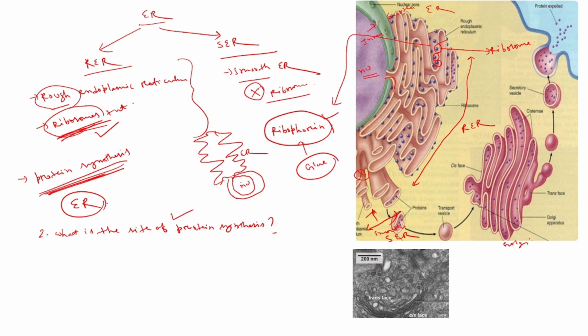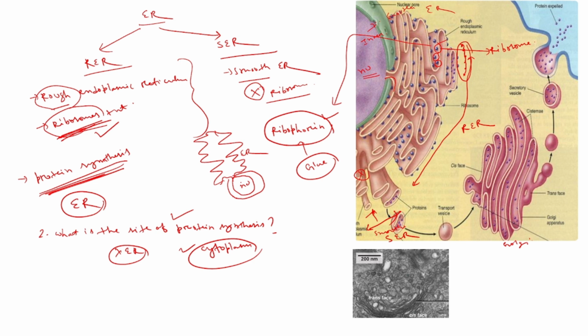The answer will not be the endoplasmic reticulum. The answer will be the cytoplasm. So the rough endoplasmic reticulum helps in protein synthesis, but the protein is synthesized exactly in the cytoplasm, like this structure.